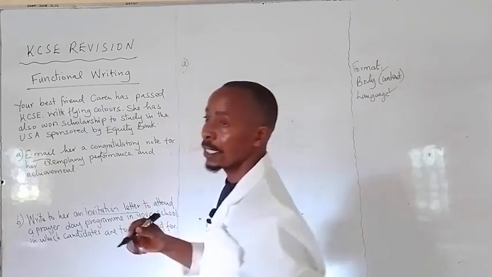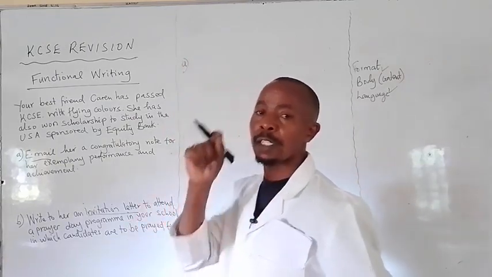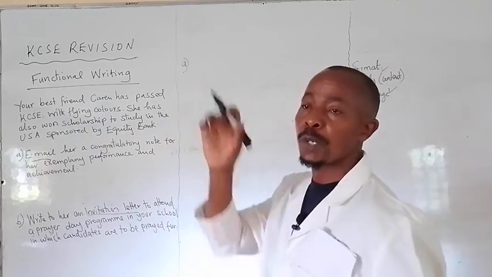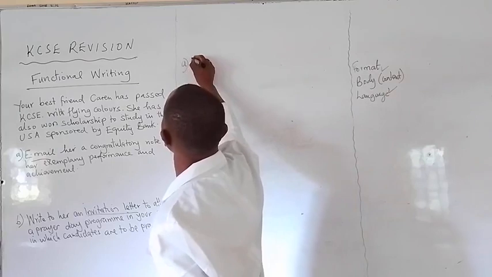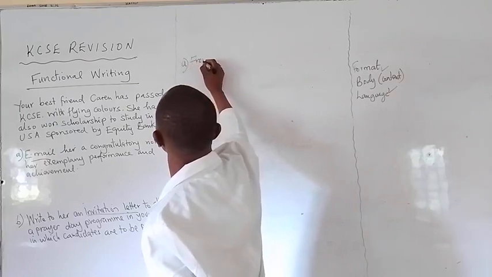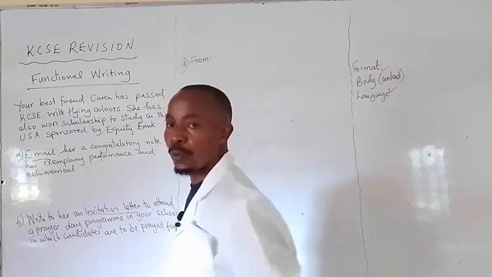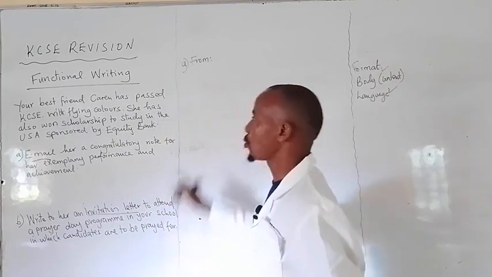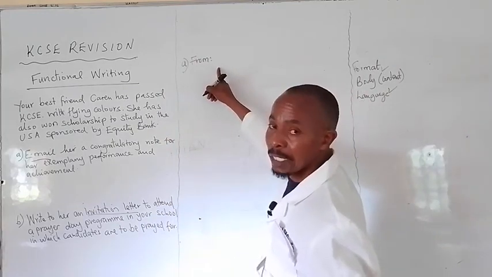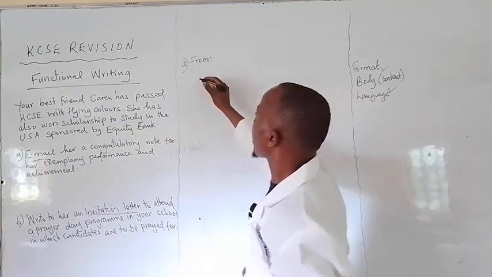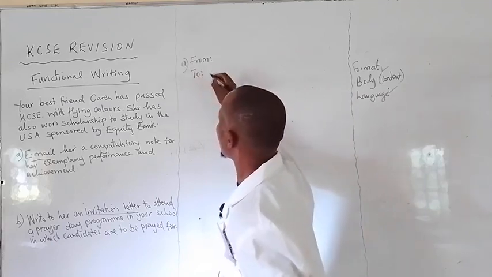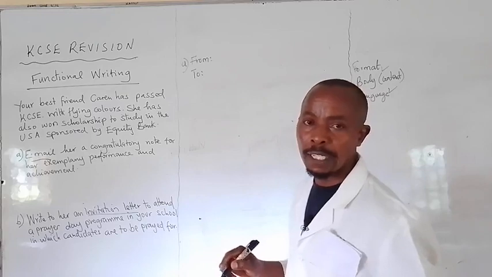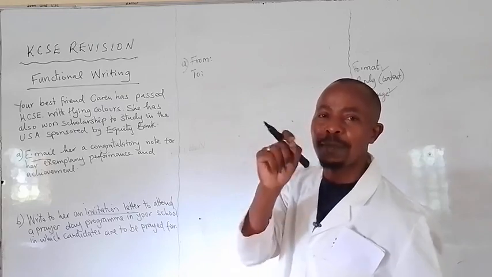So for part A, you notice that this is an email. The first thing that we need to know is that for an email, we must know the format. The first stage is from who is writing this email, so you must provide the email address for this person. Then followed by to whom is receiving the email. And remember, these must be email addresses, not names.